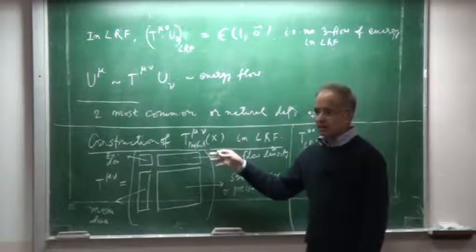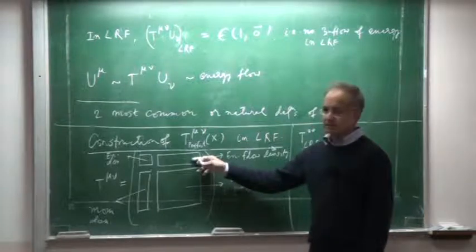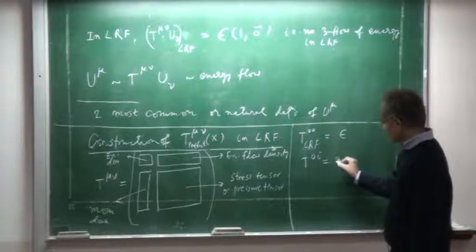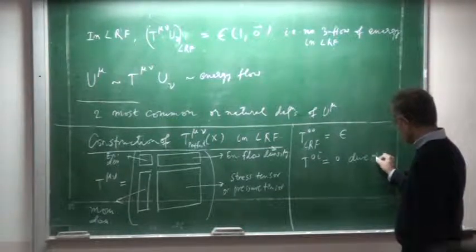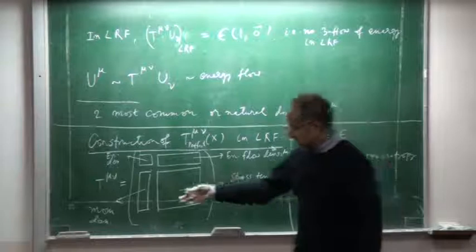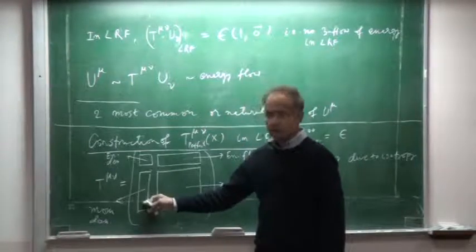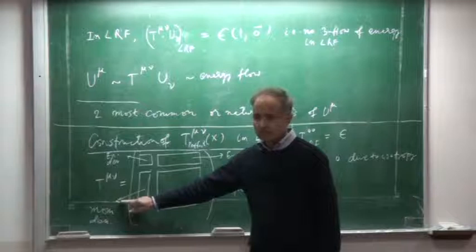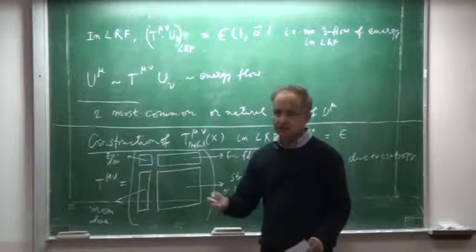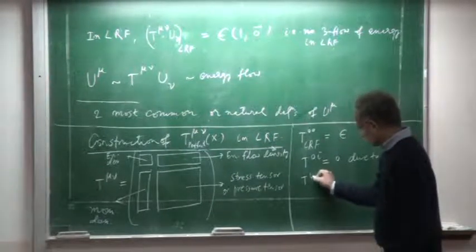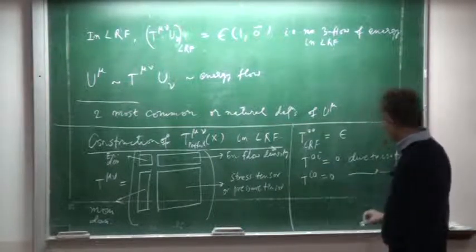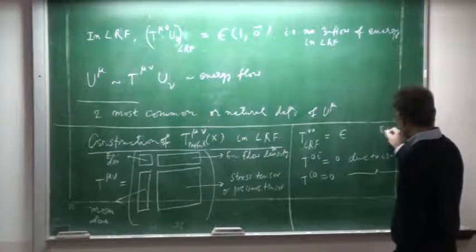So isotropy requires that this should vanish. So T0i should vanish due to isotropy. And similarly, if you integrate this over all volume, you will get total momentum, a 3 vector. That cannot be non-zero because that chooses a direction. This should also be 0. Recall Weinberg's definition.